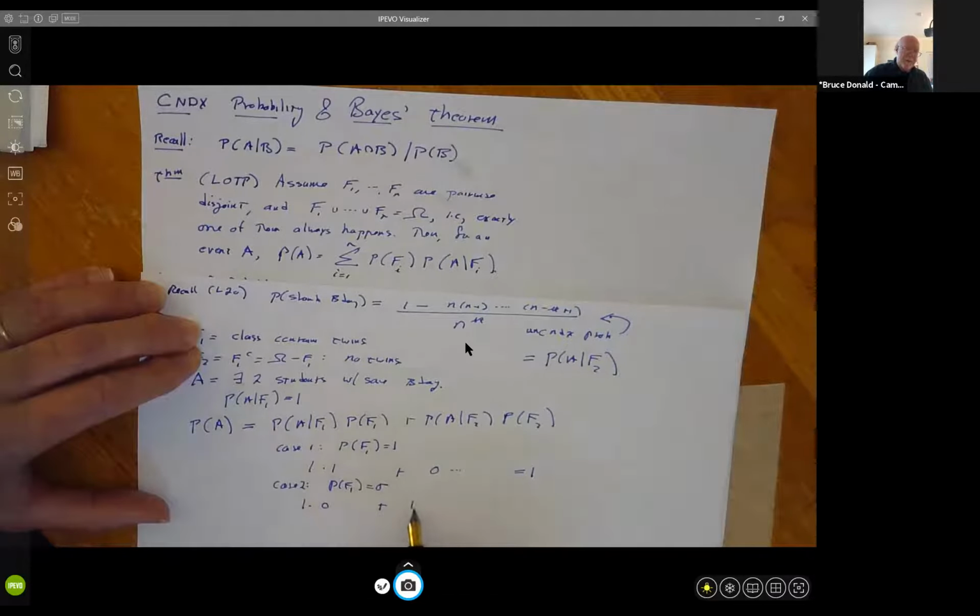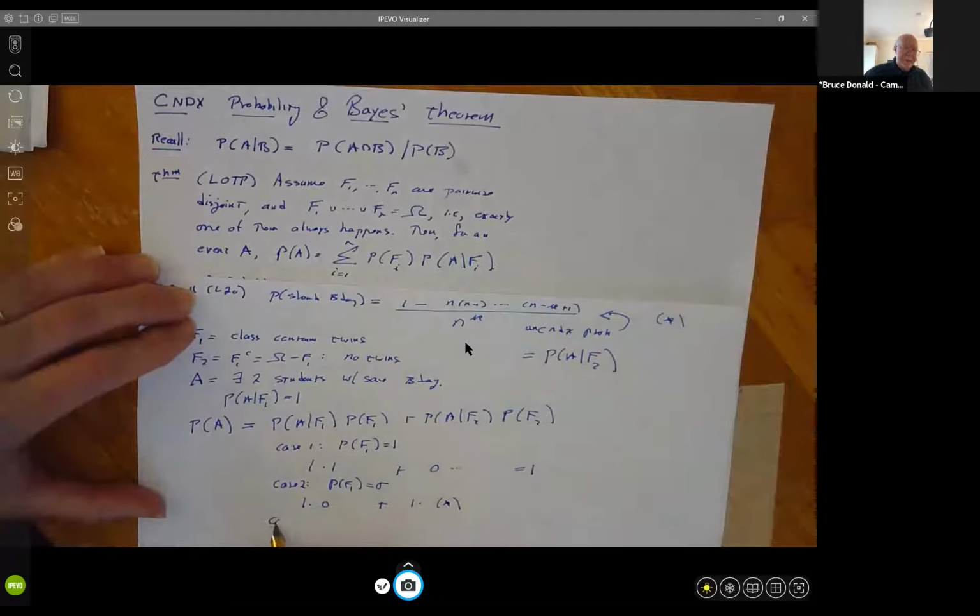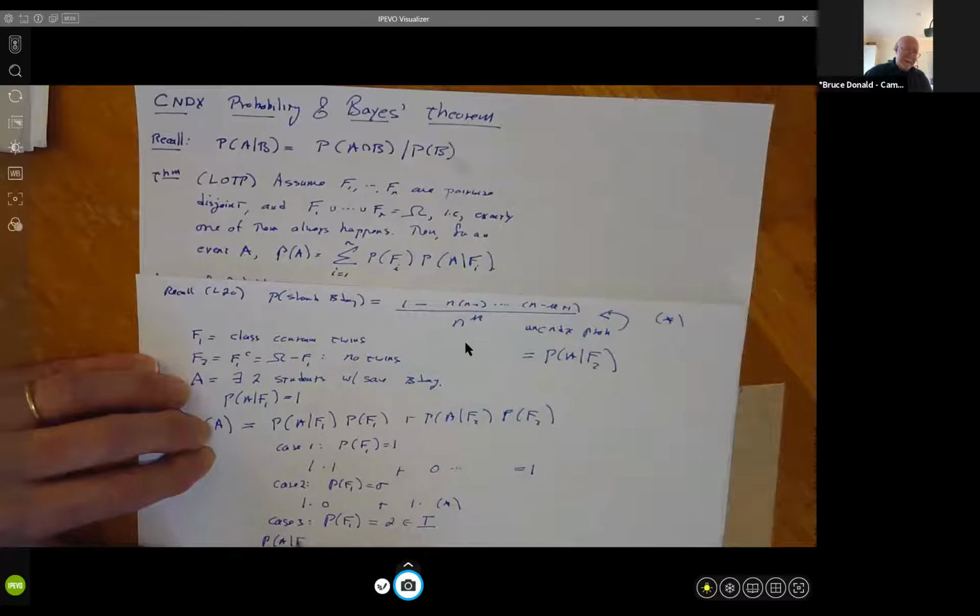And more generally, if you had some reason to have an estimate of the frequency or probability of twins, the general case, case 3, where the probability of there being twins is some other parameter, alpha, which of course is between 0 and 1, then we have this very general case: the probability of A given F1 times alpha plus the probability of A given F2 times 1 minus alpha.